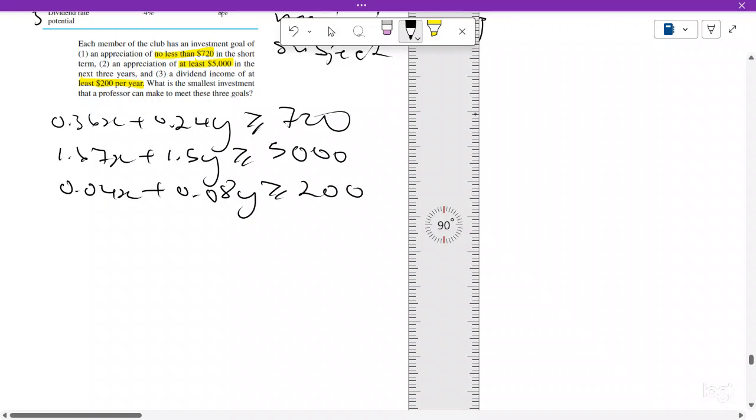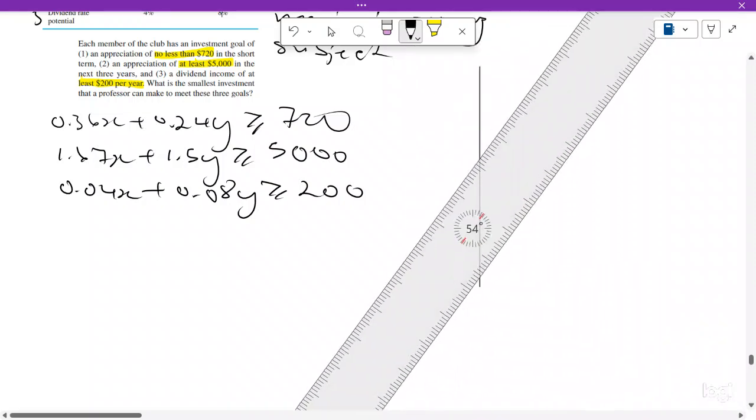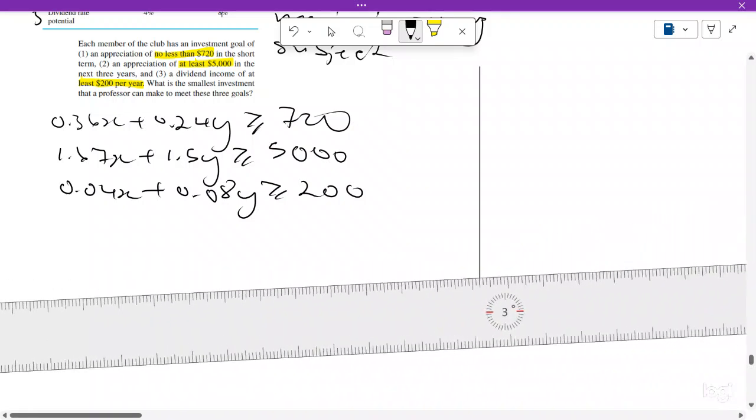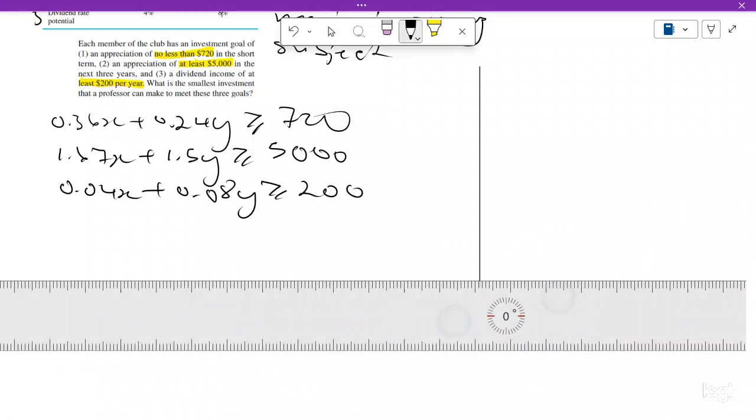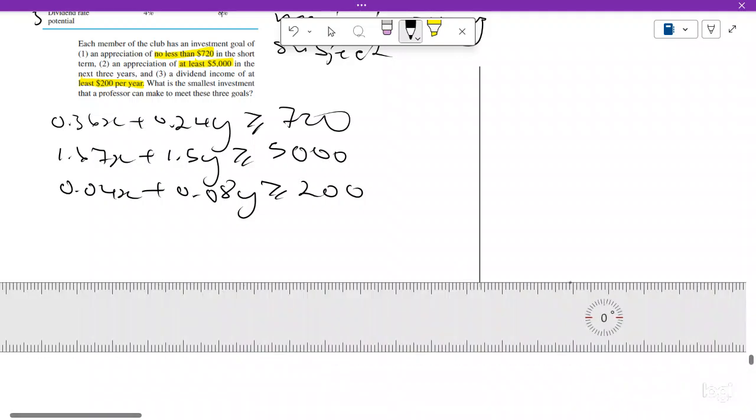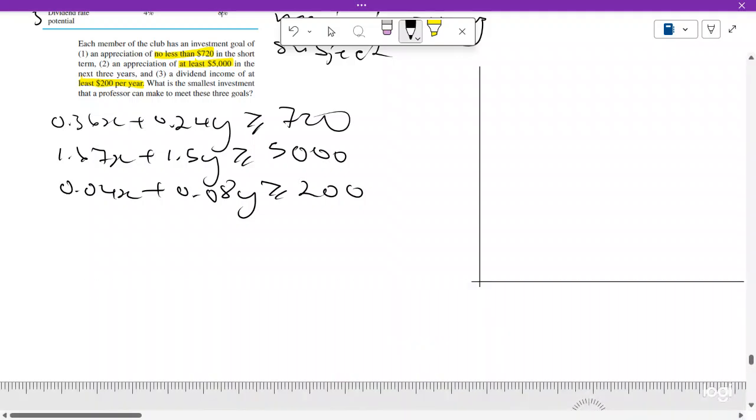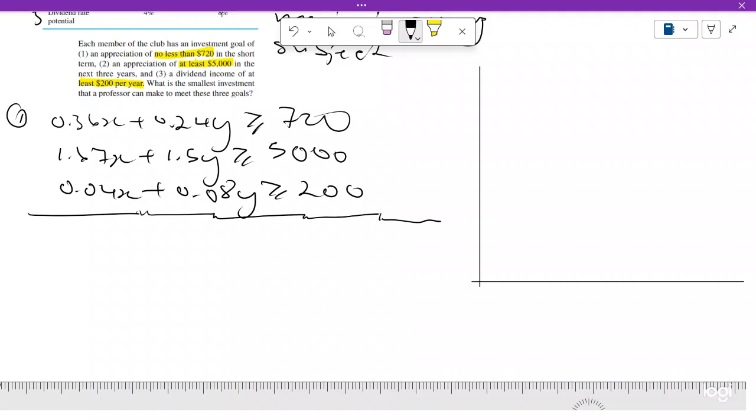All right, okay, I'm not getting it. Okay, I think now it's perfect. So now make a straight line. Oops, make a straight line like that.